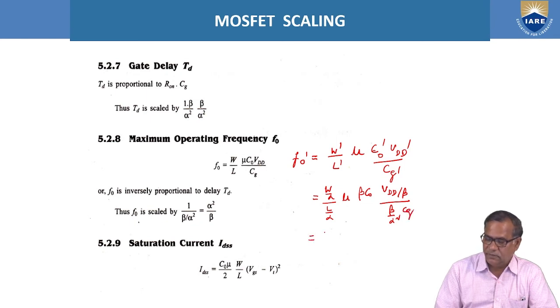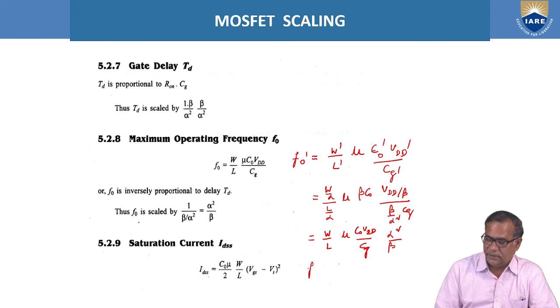So this is equal to W by L mu C0 VDD divided by CG, times alpha square by beta.